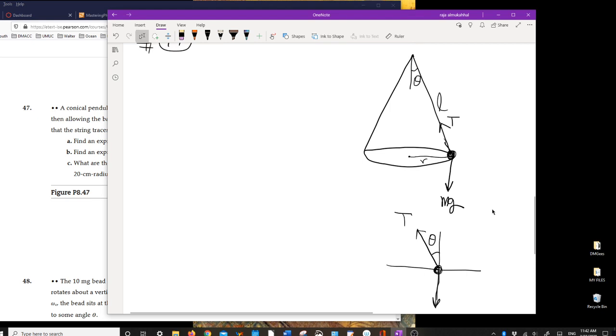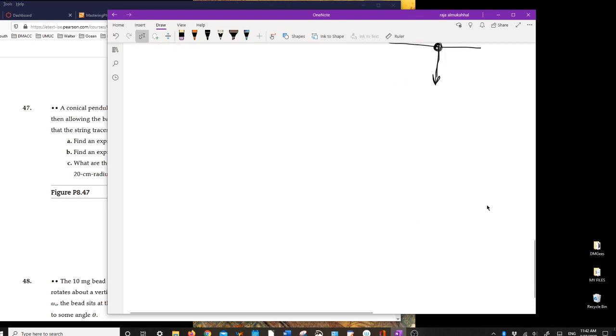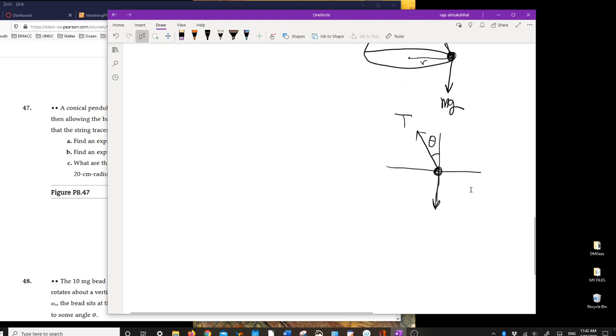So in this case, oops, what am I doing? Oh, there we go. Okay, so in this case, this is mg. If I call this x-axis and this is the y-axis, I have a component T sine theta.